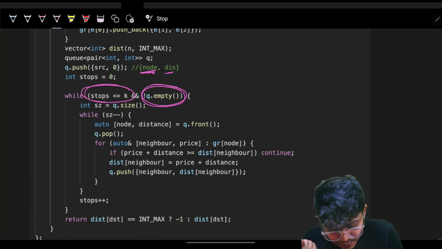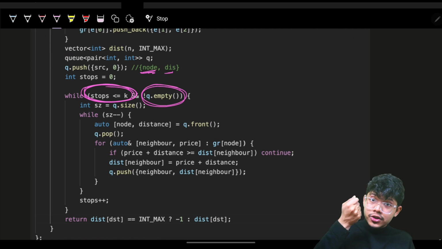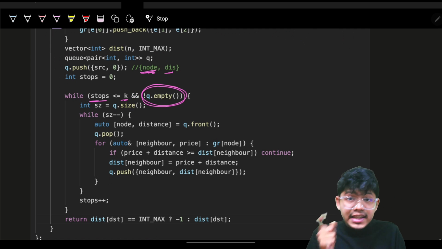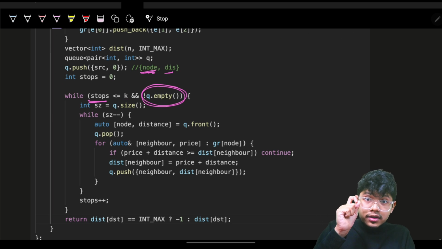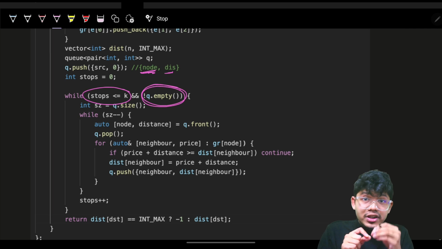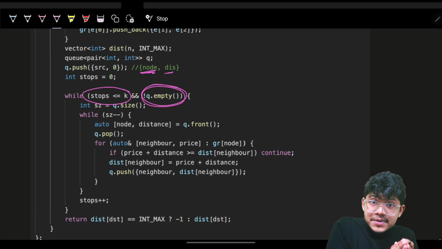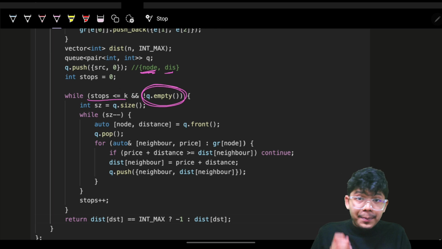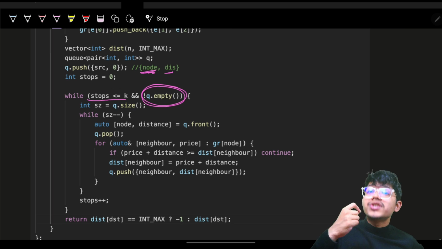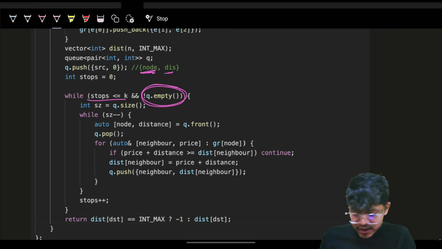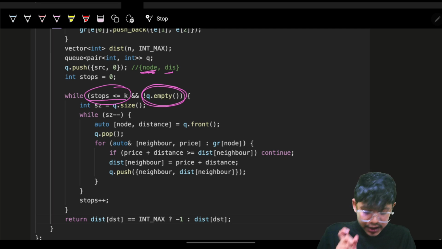So while my stop is less than or equal to K, remember you can actually have K plus 1 steps. Even if your step is K, you can still have one more step, so you can have K plus 1 steps. That's the reason we have equal to here.